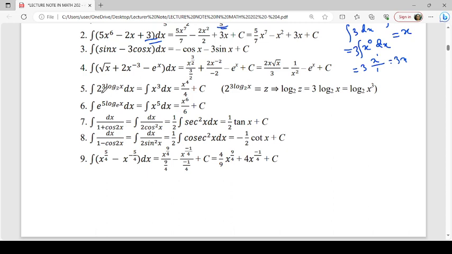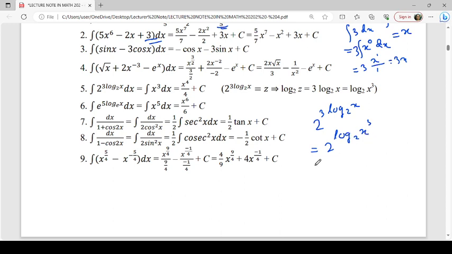And this is c. Next, 2 to the power 3 log x to the base 2. This is an algebraic thing, and this is equal to 2 to the power log of x cube. This is some property of logarithm.